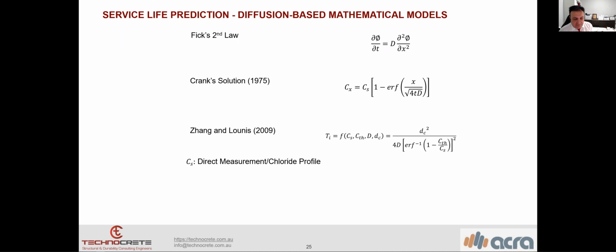Within the concrete cover, the chloride content can be measured and compared with the chloride threshold. Then we can judge, okay, the chloride has diffused, for example, 25 millimeter of the cover, and it's at the threshold. Then we have only another 25 millimeter for the chloride to reach the reinforcement.